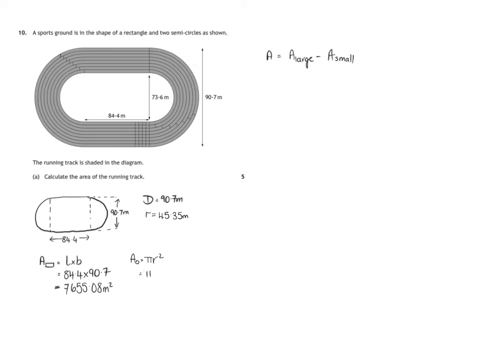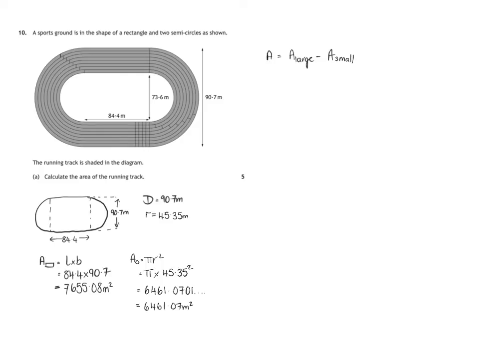So pi times 45.35 squared gives us, you should be able to hear me typing on my calculator probably because my headset's quite sensitive. So 6,461.07 and some extra. If we do it to two decimal places, same as the other one, we get 6,461.07 meters squared.